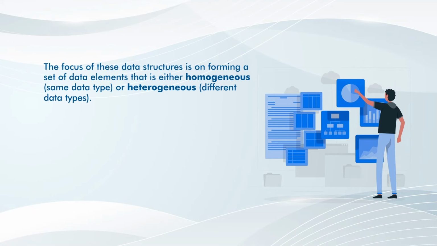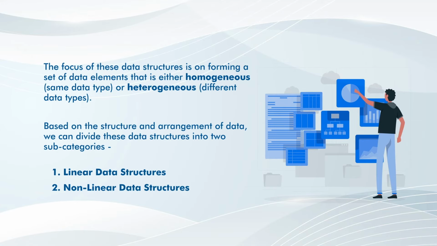The focus of these data structures is on forming a set of data elements that is either homogeneous, that is same data types, or heterogeneous, different data types. Based on the structure and arrangement of data, we can divide these data structures into two subcategories: linear data structures and non-linear data structures.